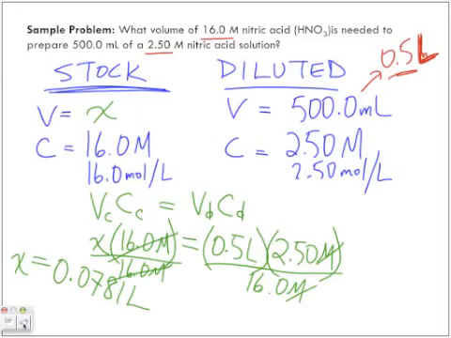So now, when we're measuring that, that's not really going to be an easy thing to measure. We're going to have our graduated cylinder, which will be in milliliters. So we're going to want to convert this. How many significant digits is that? 3. So we want our answer to 3 significant digits, so it's 0.0781 liters. But we're going to change it to milliliters.